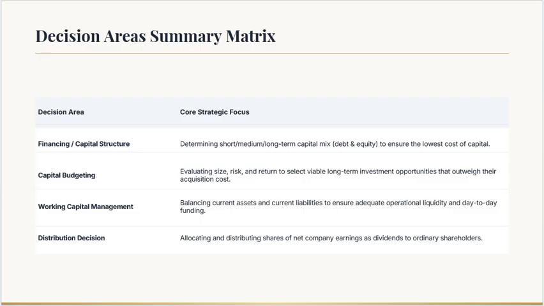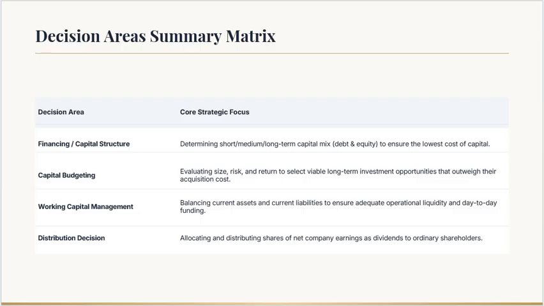The second decision is what we call the capital budgeting decision, which has to do with evaluation of the various investments available in terms of size, risk, and return, so that we select the most viable long-term investment opportunities that are beneficial to the business.